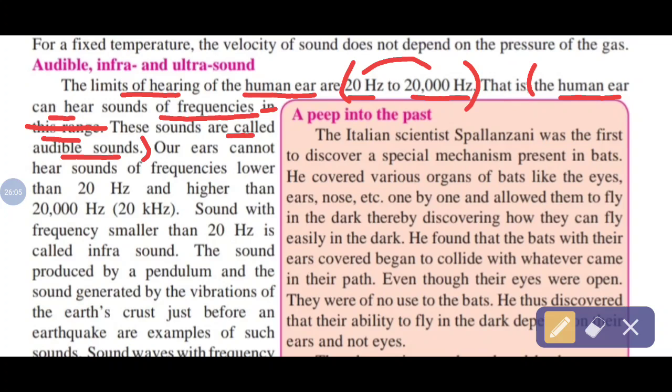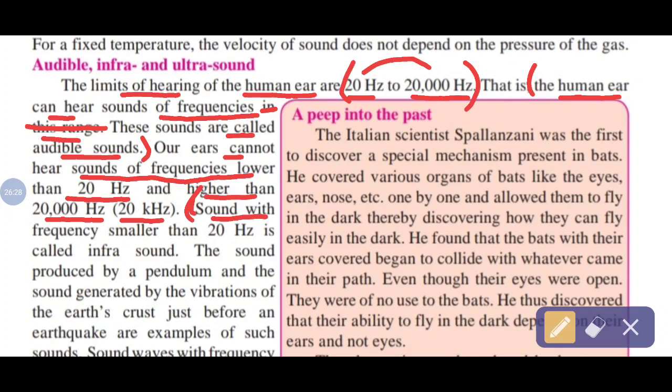Our ears cannot hear sound of frequencies lower than 20 Hz and higher than 20,000 Hz. 20,000 Hz means 20 kilohertz. Remember these words. So, next definition.